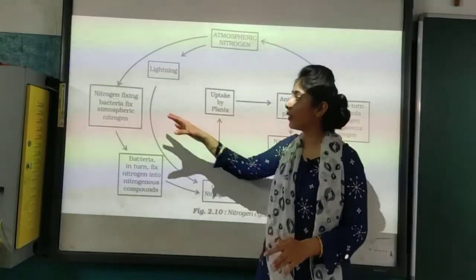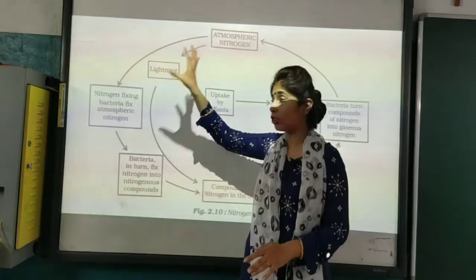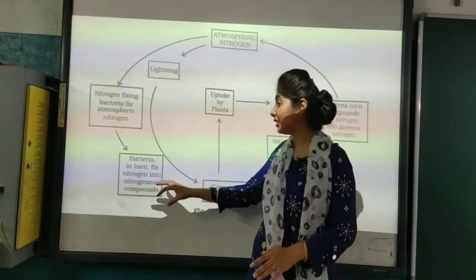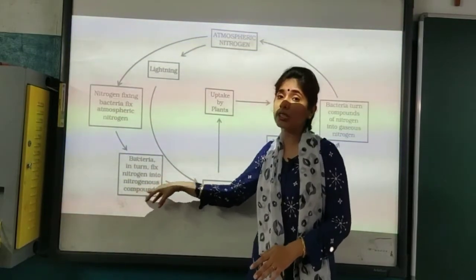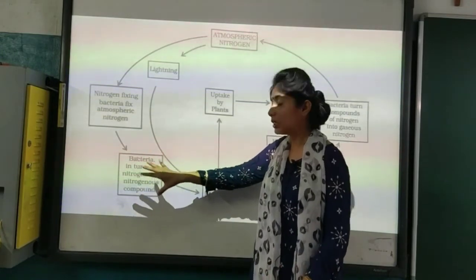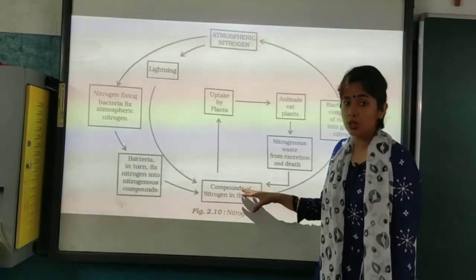What will happen? First of all, they will convert the atmospheric nitrogen, and the soil will get the nitrogenous compounds with the help of the bacteria. Now these nitrogen compounds are given to the soil.